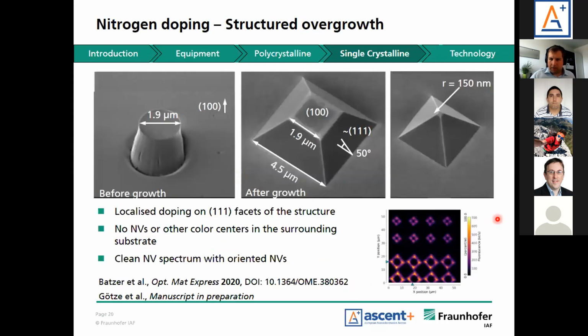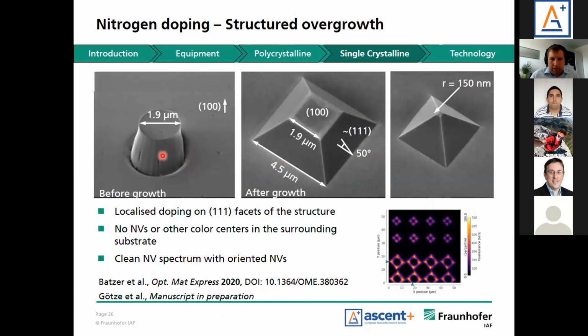Then another technique we are following is overgrowth of microstructures. This has been done before for growth of scanning probe magnetometry tips. You can see a paper published here, and this is data from a paper that will be published soon.